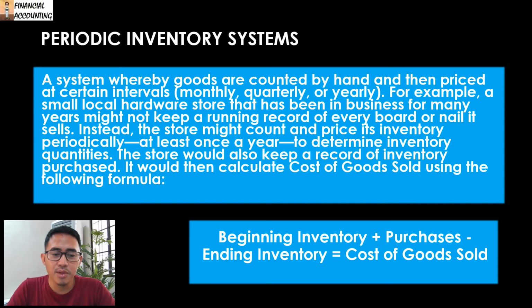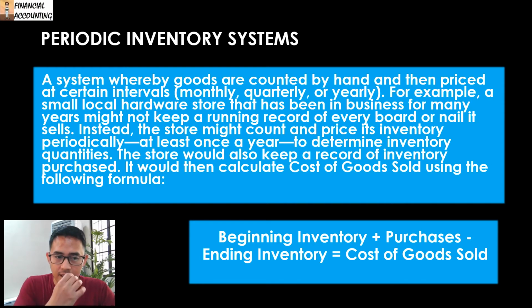The formula is still correct, but the only disadvantage in this system is that you will not be able to know if your items were stolen, because that is present in any store, or if the items were damaged. So you will not be able to report that.